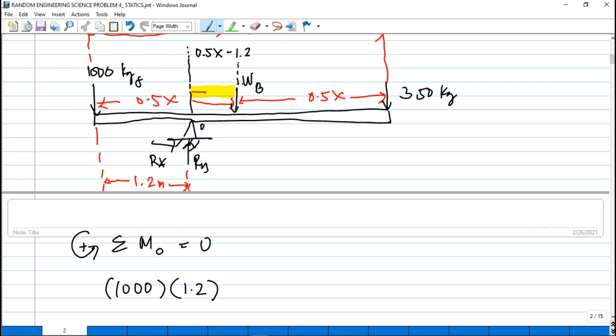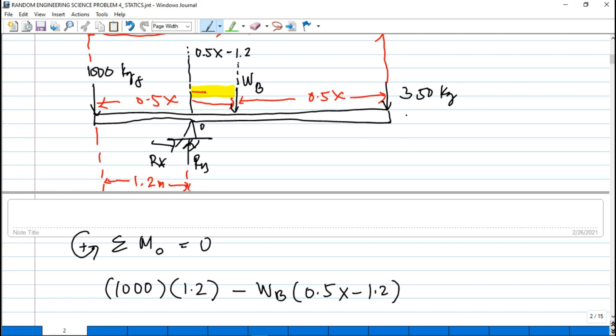Okay, so yung weight ng beam, again, that is actually a negative moment kasi if you push here, iikot yung ating beam at a clockwise direction. Ang assumption natin is counterclockwise positive. This is clockwise, this is negative. So minus WB. Ang moment arm niya is 0.5x minus 1.2.